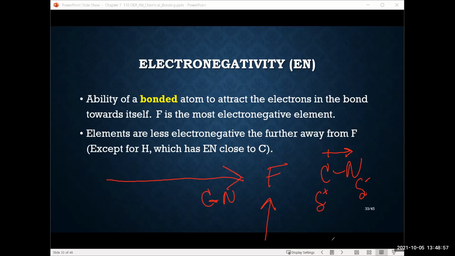Polar bond. The only exception, remember this, is a carbon-hydrogen bond. That is a nonpolar bond, okay? No dipole there, no dipole whatsoever. Why? Because the electronegativity of carbon and hydrogen are essentially the same. So it's like having two atoms that are the same. It's equal sharing.